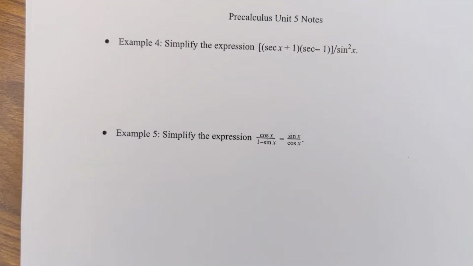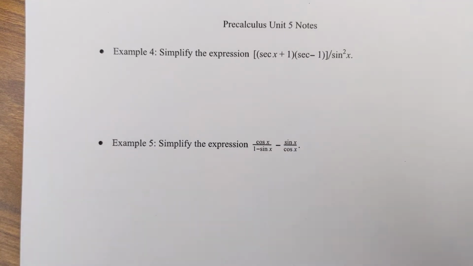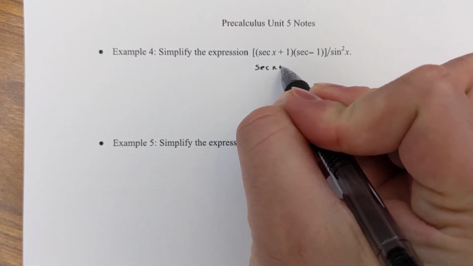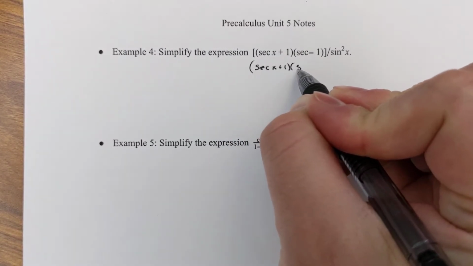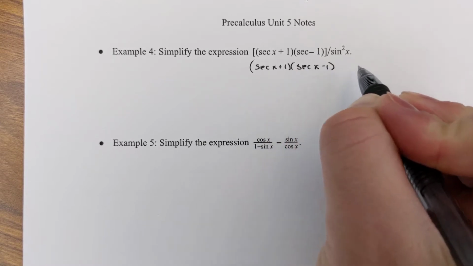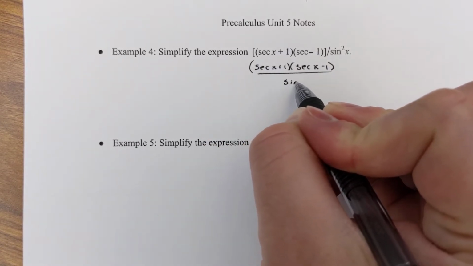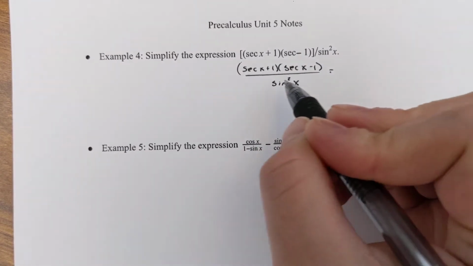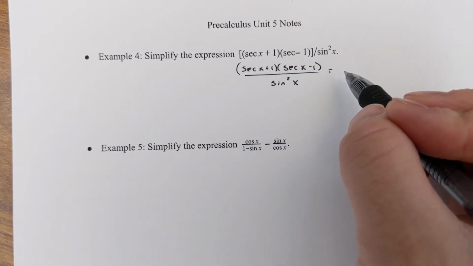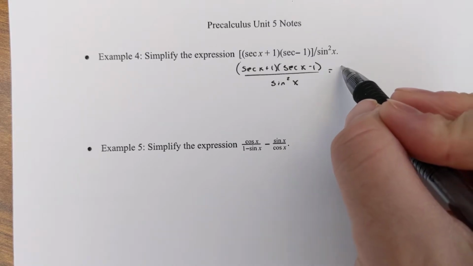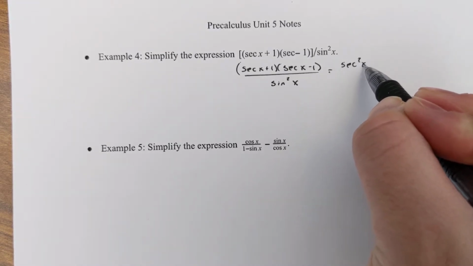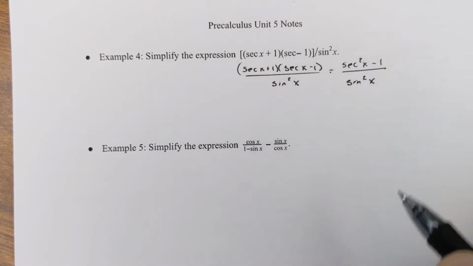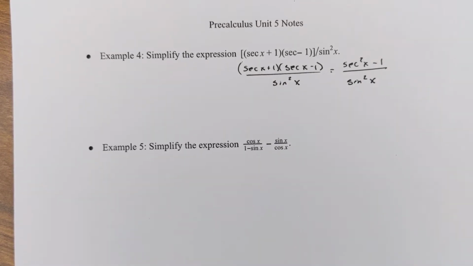All right, example 4. Simplify this expression. I'm going to rewrite it so it actually looks like the fraction it should. So this is secant x plus 1, secant x minus 1, all over sine squared. I can FOIL on the top. That is a difference of squares, so I don't have to worry about the outside and inside parts of the FOIL. It's going to be secant squared x minus 1 over sine squared of x.